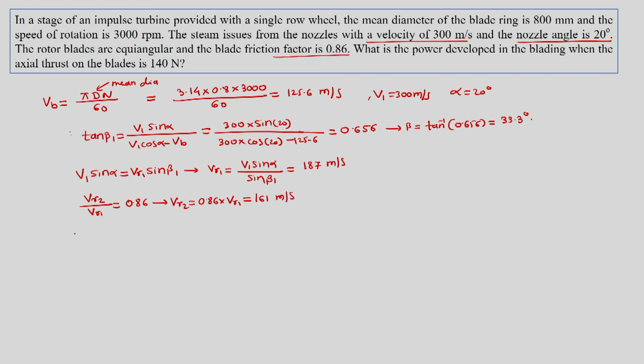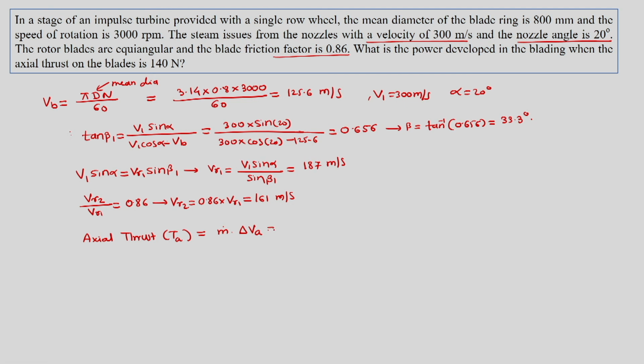Now we know that power developed is... we are given the axial thrust TA, and this axial thrust for us is m dot into delta VA.